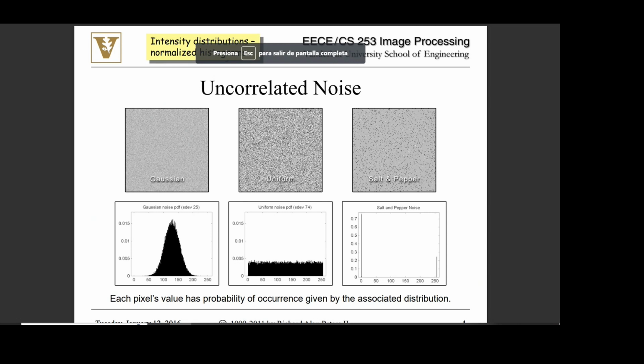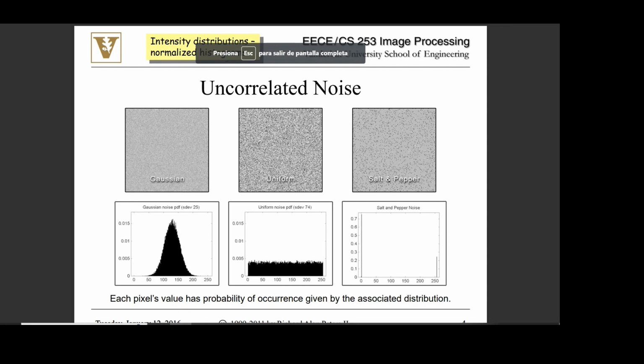Gaussian is the one that we are most familiar with, and a Gaussian noise image looks like this. Uniform noise images look like this, so you see that the pattern is different. It can take any value between 0 and 255 with the same probability. In the Gaussian, values around the mean are more likely than values away from the mean.